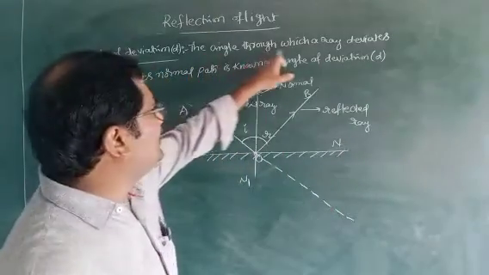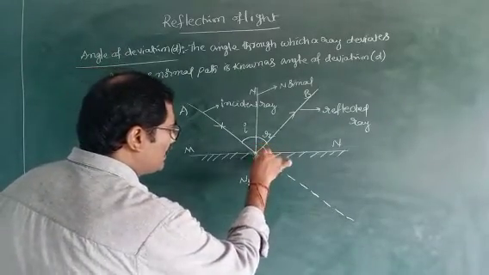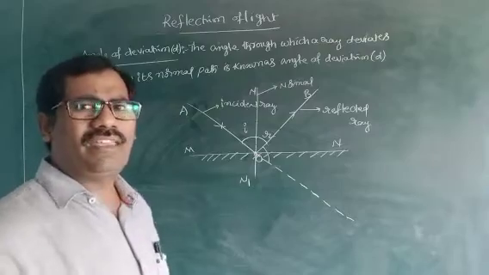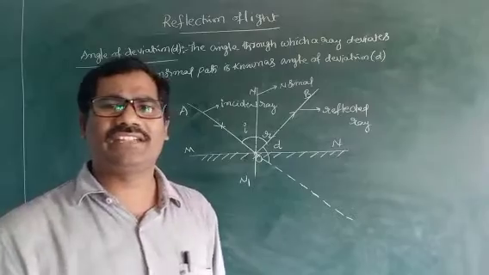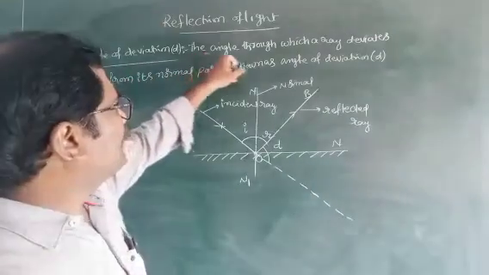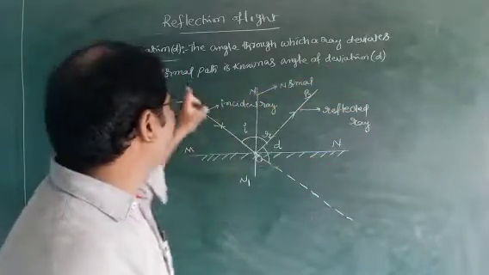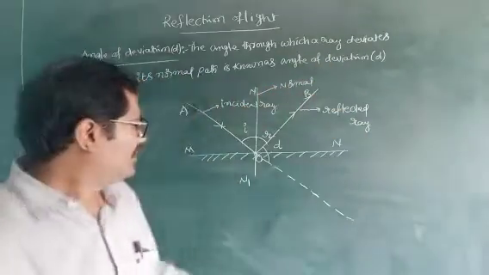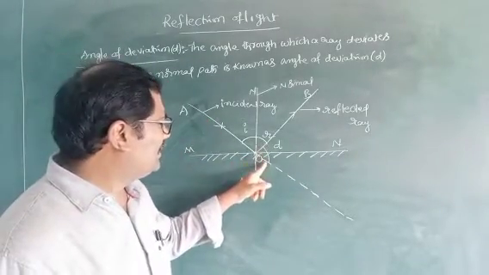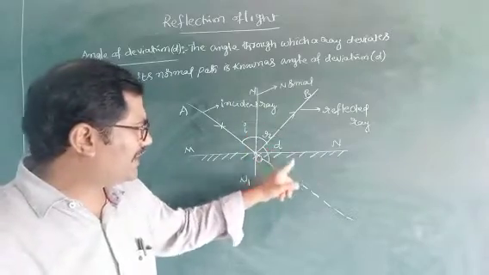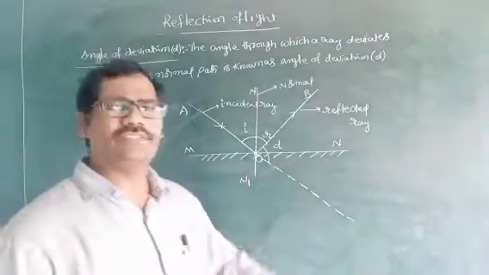The angle through which a ray deviates from its normal path is known as the angle of deviation. That is the angle between the reflected ray and the original path of the ray.